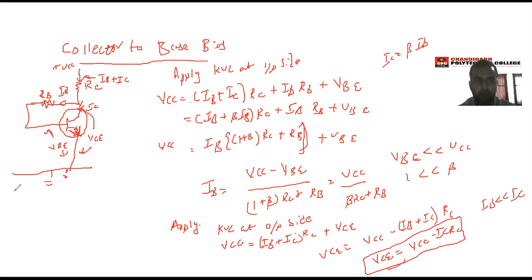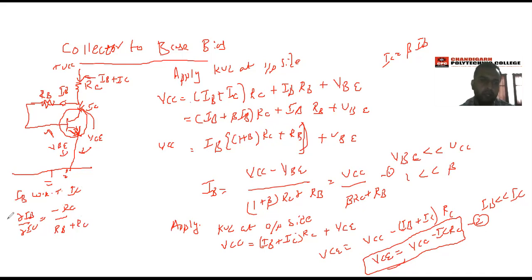Now, we can derivate. This is the value of IB, equation first, and this is the value of VCE, your equation second. Now, we can derivate IB with respect to IC. So, derivative of IB upon derivative of IC is equal to minus of RC upon RB plus RC.